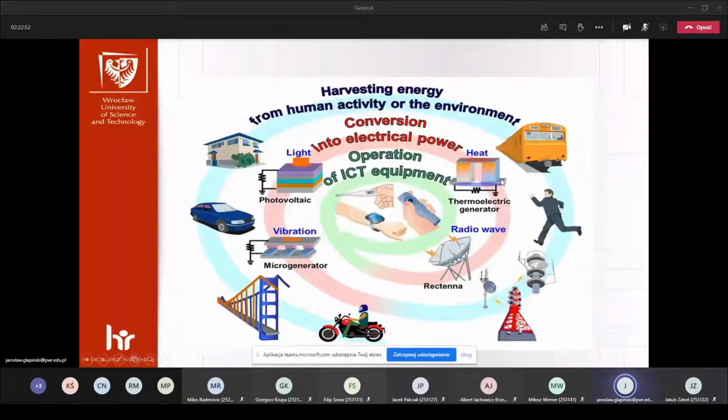Maybe we can connect one part to our body, which has a higher temperature than the outside world. So the difference of temperature can produce electricity. We can harvest energy from radio waves, because radio waves are everywhere, so we can have elements that transfer the radio waves into the power needed for our devices.